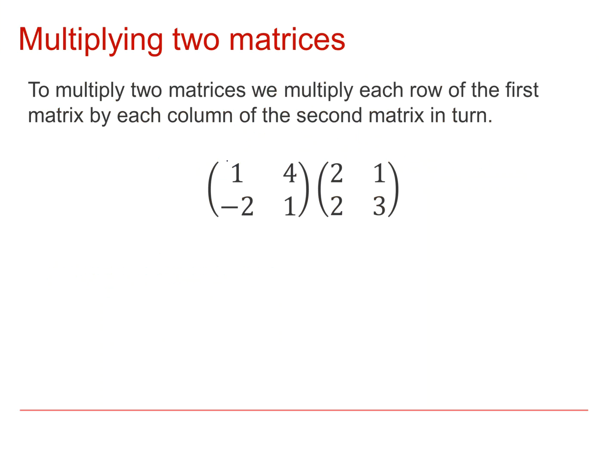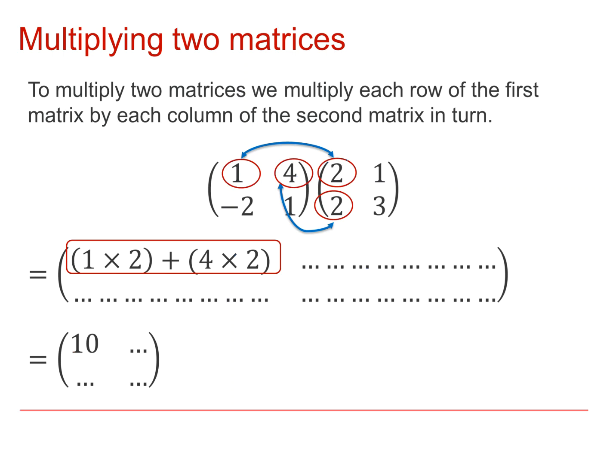To multiply two matrices, we multiply each row of the first matrix by each column of the second matrix in turn. So in this matrix we multiply 1 by 2 and 4 by 2 and add them together to get the first element in the top left hand corner.